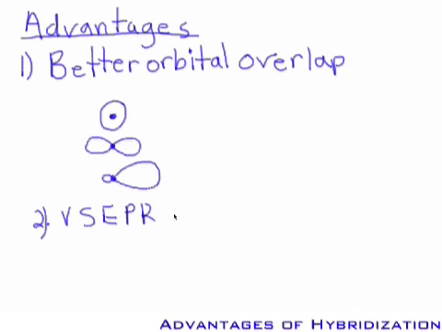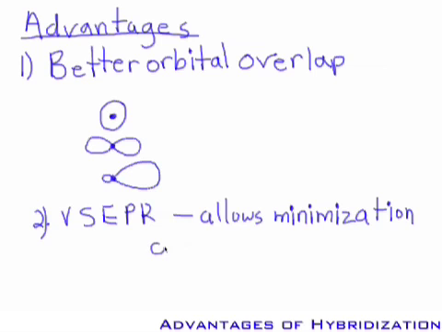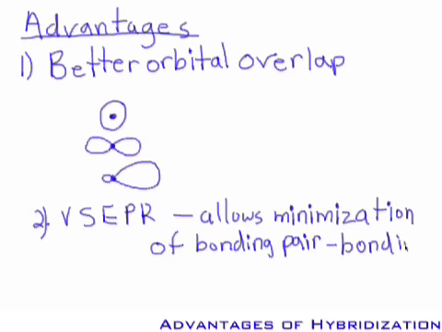So hybridization allows minimization of bonding pair repulsion.